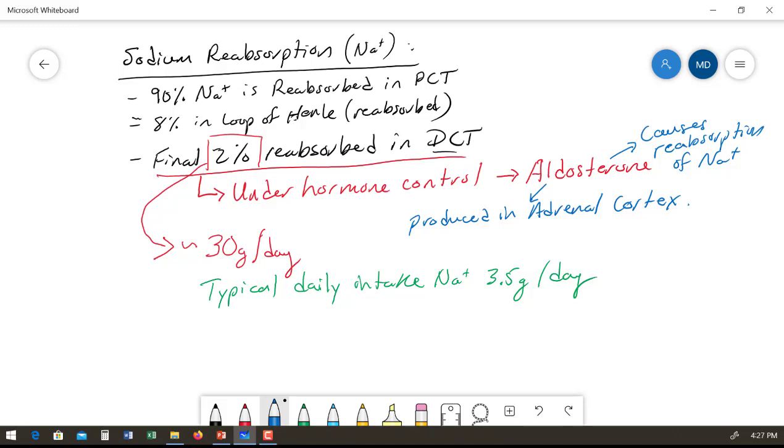All right. It will allow about the same amount that you eat out in your urine per day. So you will still lose sodium in your urine, and typically that's going to balance out the amount that you eat. So depending on how much sodium you eat, you're going to excrete the same amount or approximately the same amount.